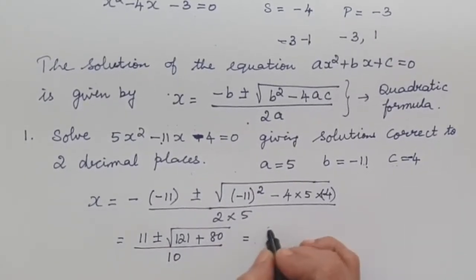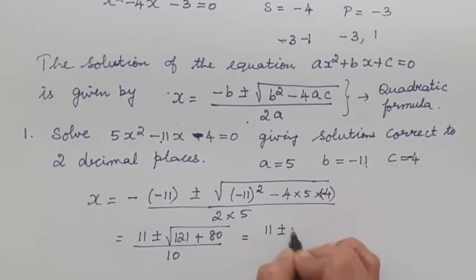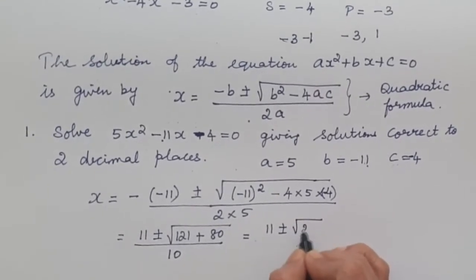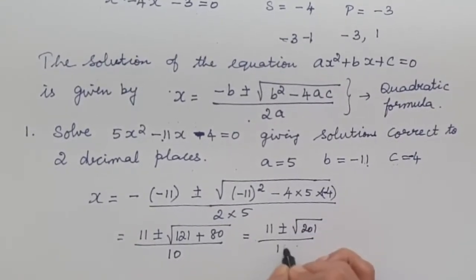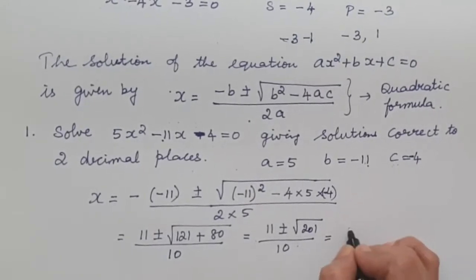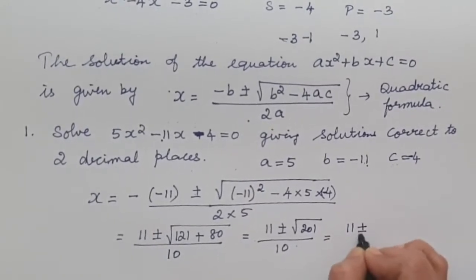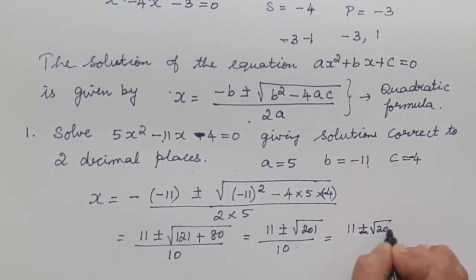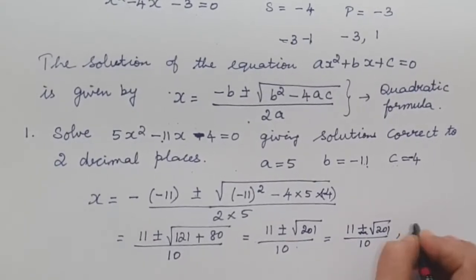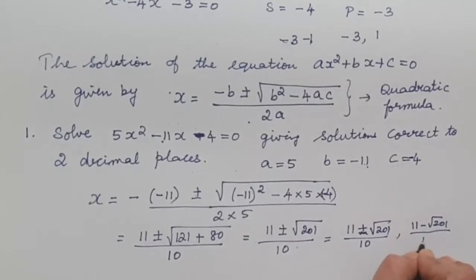So this will be equal to 11 plus or minus square root of 201 divided by 10. You will do your answers with the calculator as 11 plus square root of 201 divided by 10, and 11 minus square root of 201 divided by 10.